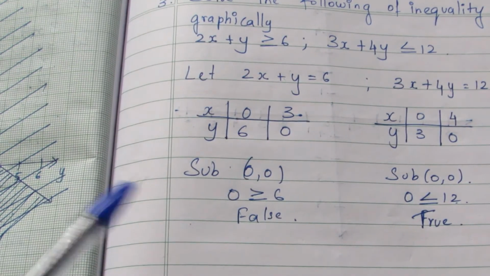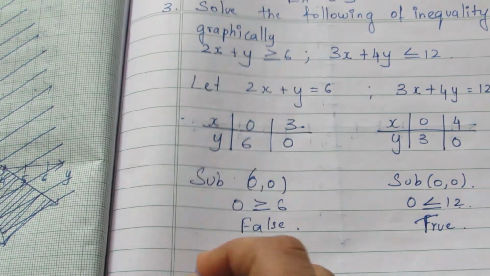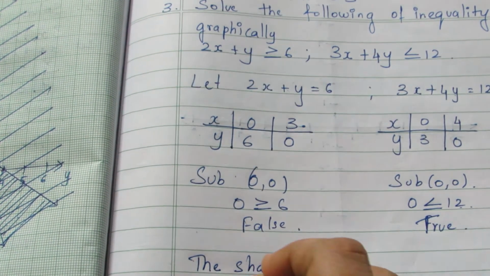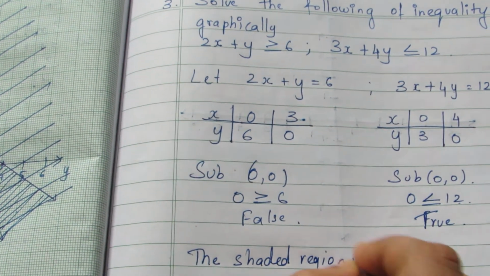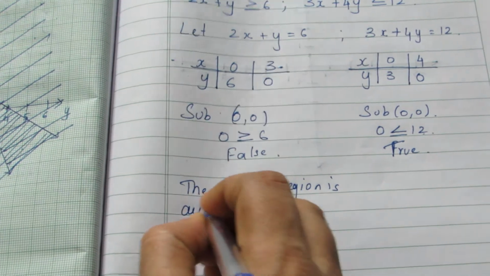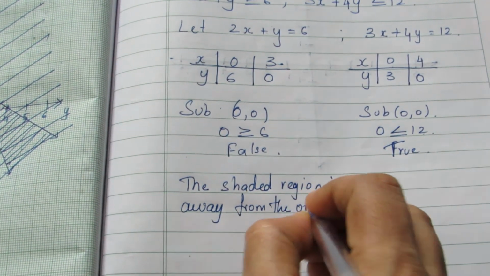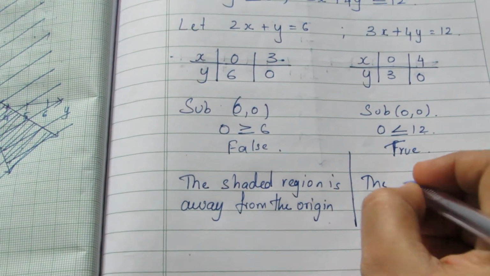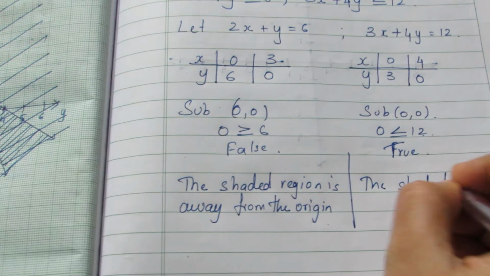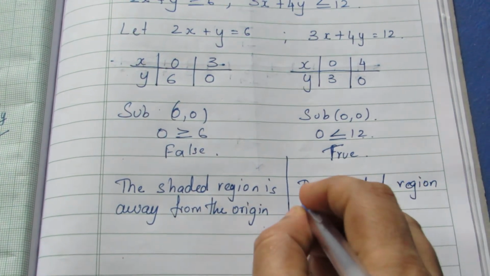So we need to write that. The shaded region is away from the origin for this line, and for this line the shaded region is towards the origin.